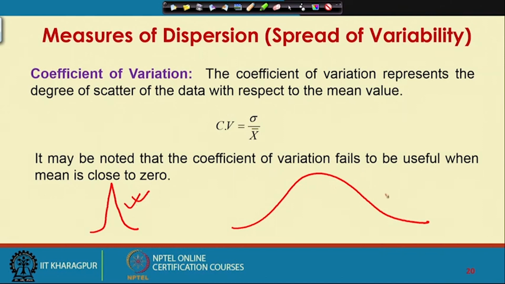Here the spread or scatter of data around the mean is high. So, the coefficient of variation is low here, and the coefficient of variation is high here. Here most of the data are centered around the mean, here most of the data are not centered around the mean.